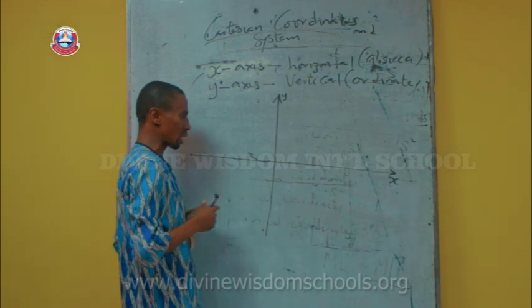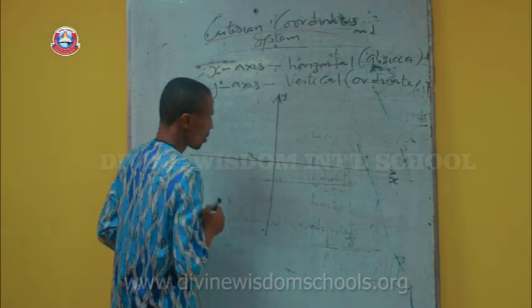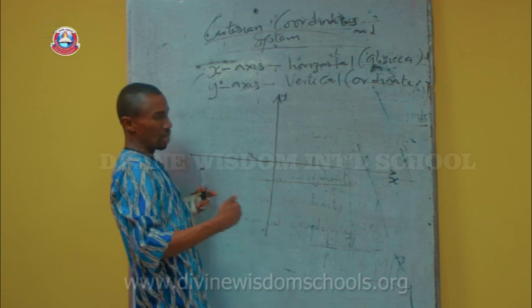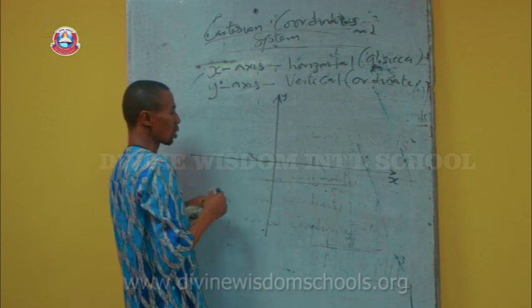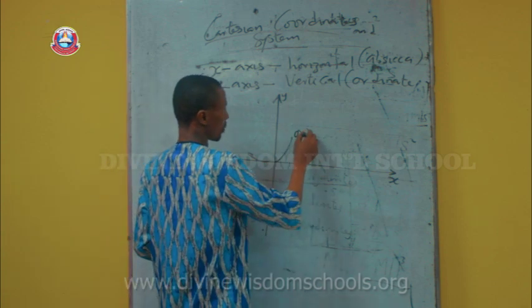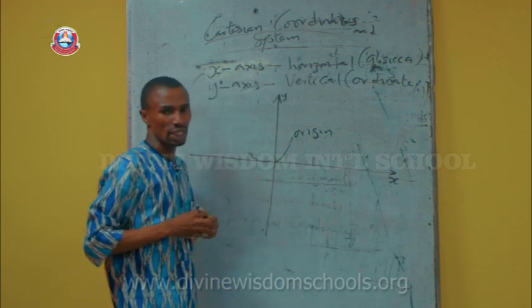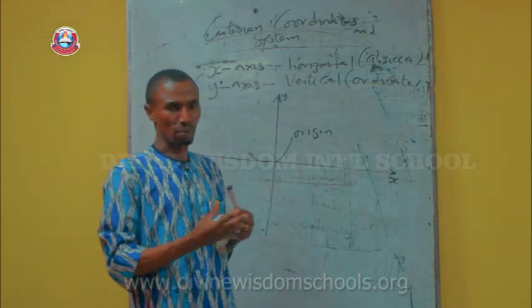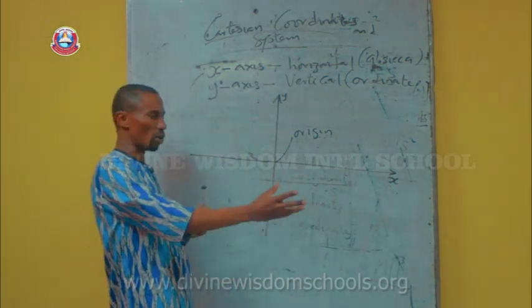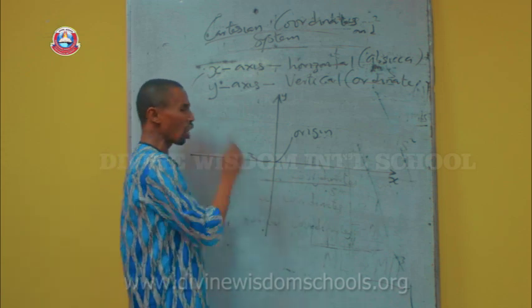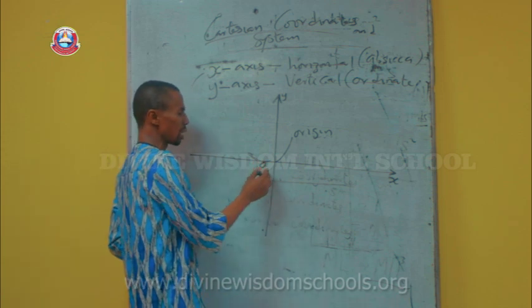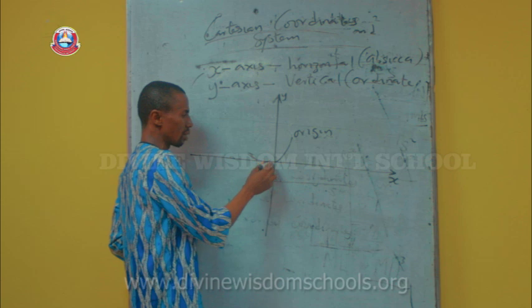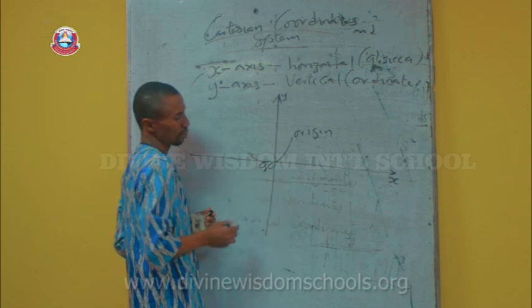A reference point. In the coordinate system, where the two lines meet or join is called the origin. The origin is the starting point, where we start counting from. We normally put our origin as 0, 0.